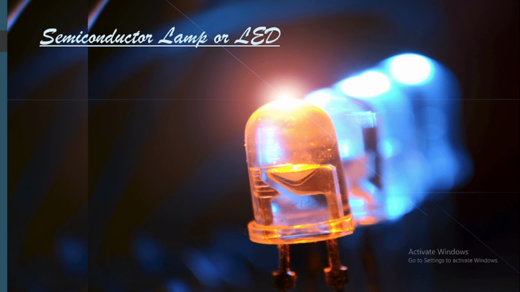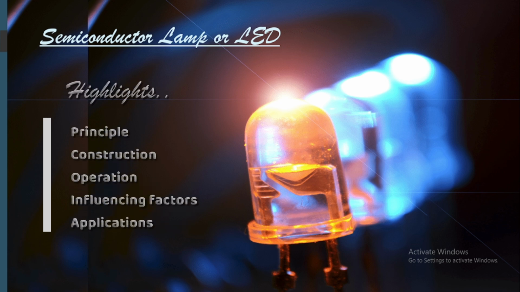A diode is nothing but a PN junction, that is a two-terminal device which allows current in only one direction. A PN junction is a junction of P-type semiconductor and N-type semiconductor. So today we are going to deal with its operation, construction, the factors which influence the efficiency, as well as some of the uses.